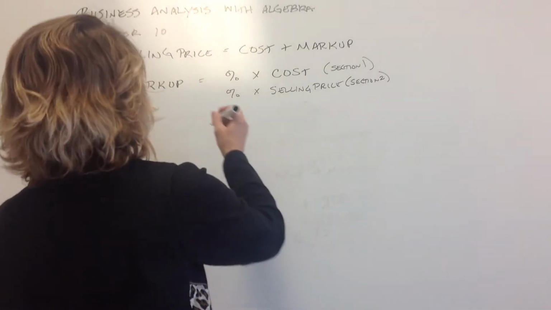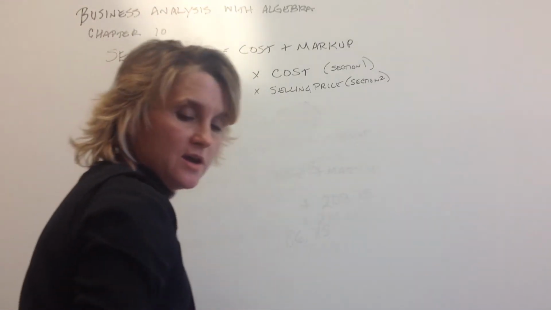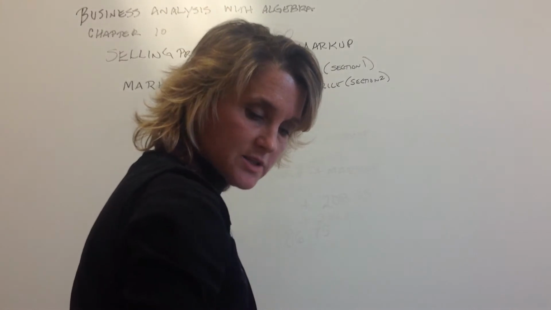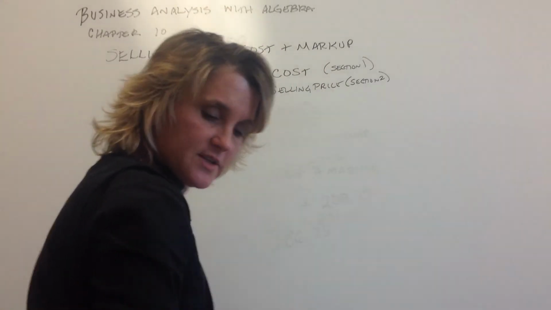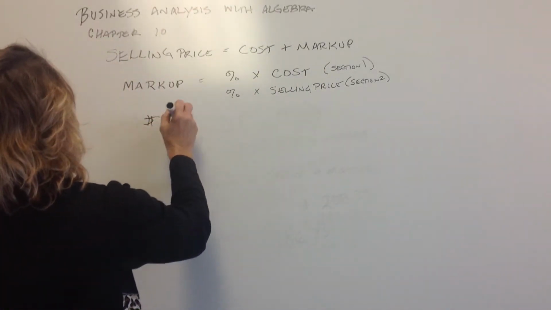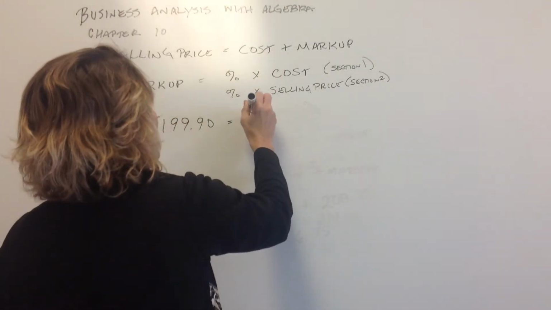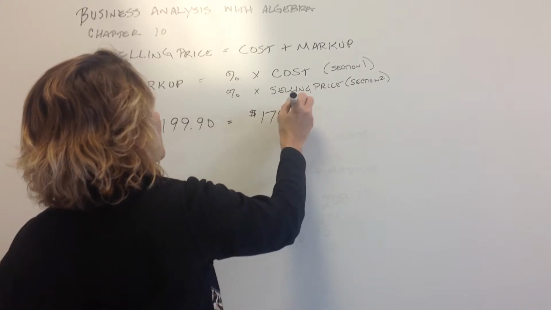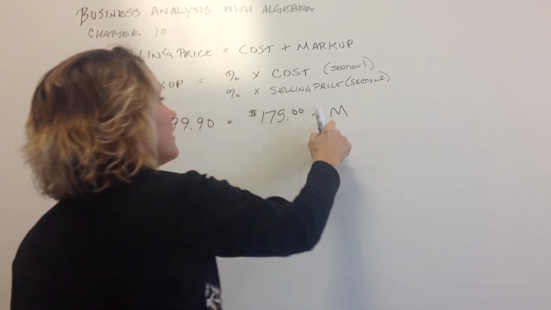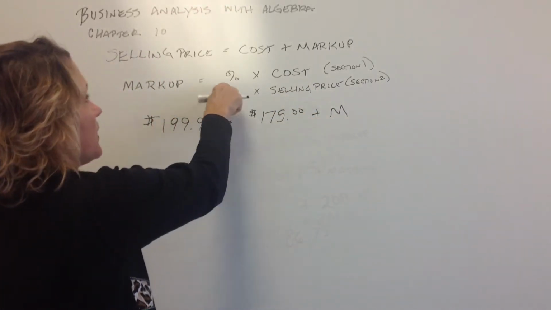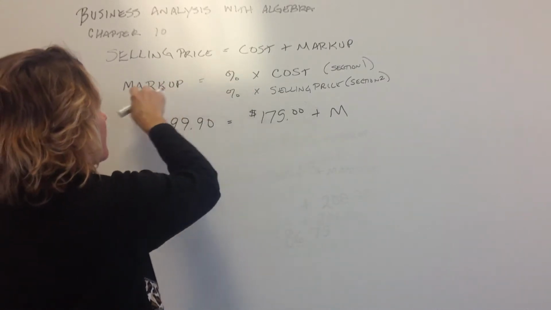So going back to our top formula, our selling price is equal to our cost plus our markup. They gave us the selling price of $199.90, and they gave us the cost of $175. So what we're missing is the markup, but we don't know what percentage it is, so we can't start with the other formula.